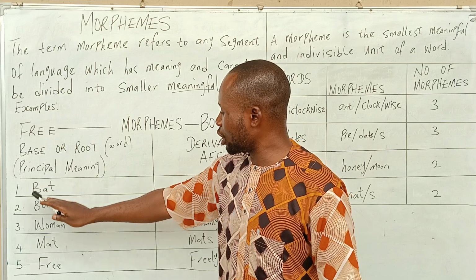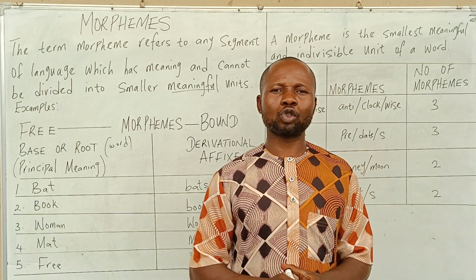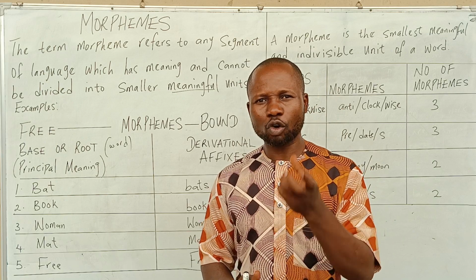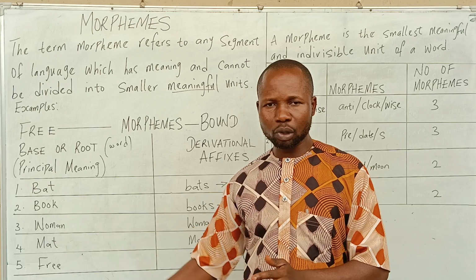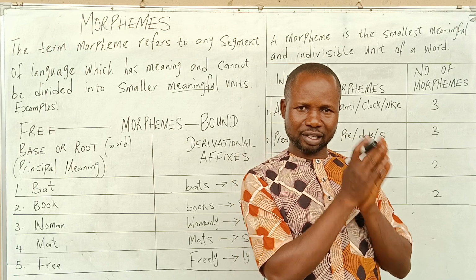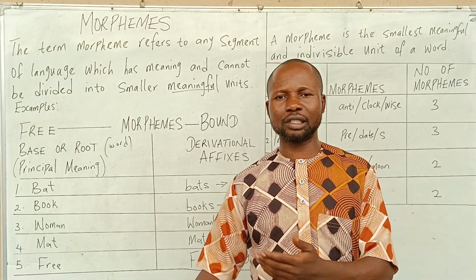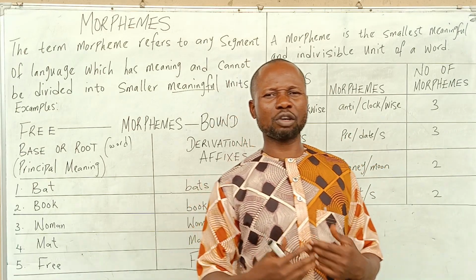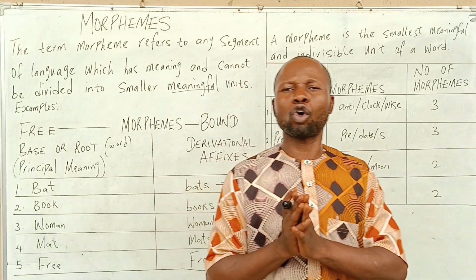And this bat, or these five words here, has what you call principal meaning, or content meaning. When we hear bat, we know what bat means. When we hear book, we know it's something we write on. When we hear woman, it is a female gender. When we hear mat, it simply means something we can put on the floor, maybe sit or lie on. Free means something, liberty. Therefore, it has principal meaning or content meaning.